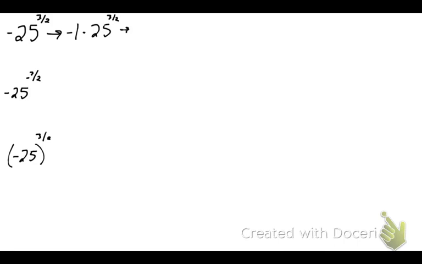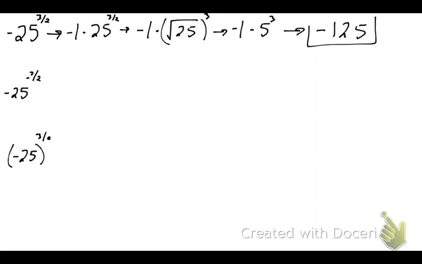Well, I know that 25 to the 3 halves power means the square root of 25 because of the denominator, and that whole thing is being cubed. And the square root of 25 is 5, so negative 1 times 5 cubed. 5 cubed is 125, so altogether, after I multiply by negative 1, I would get negative 125.